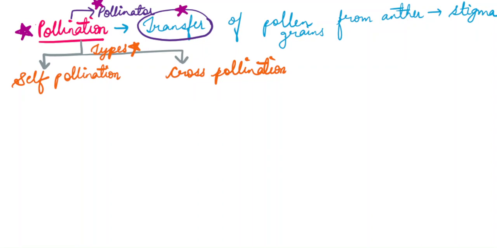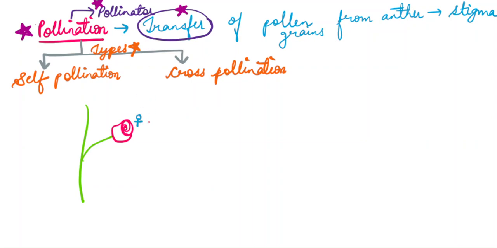Let's see an example. Suppose there is a tree, and it has a flower. This tree is having one flower, and the flower is having both the male and the female parts.